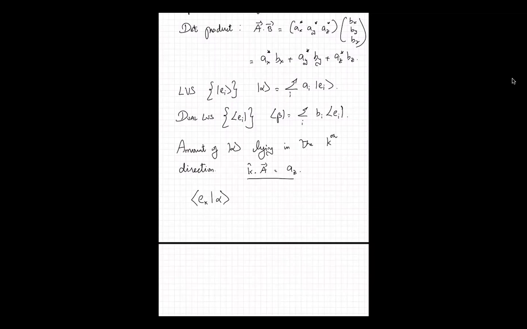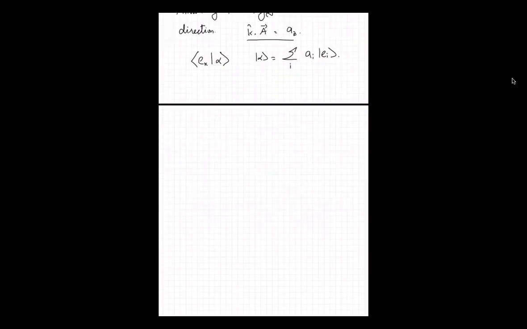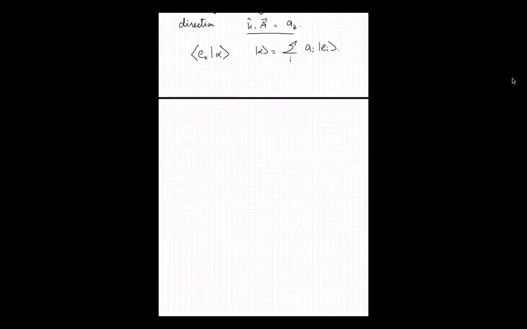Okay, so how does this actually work? Remember that alpha can be written as the sum over i of ai ei. When I multiply the bra ek with alpha, remember that the dot product should always be taken between a bra and a ket. The number ai doesn't matter.